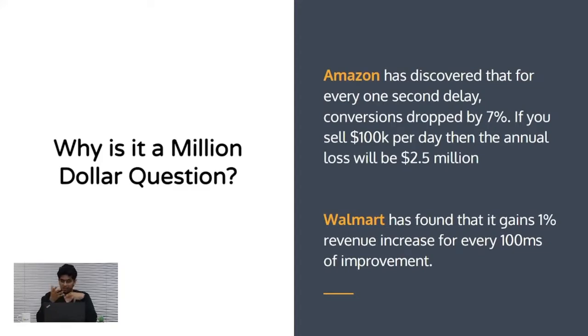On the other hand, Walmart has discovered that they have gained revenue by speeding up their websites. These numbers are in millions, and when there are performance issues, they affect the revenue in millions.